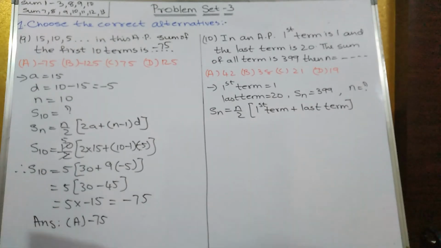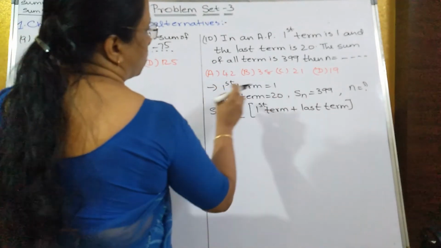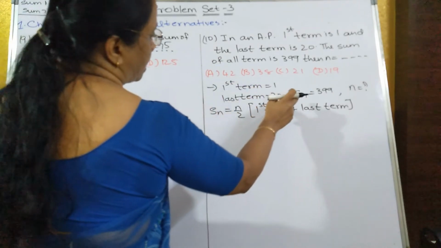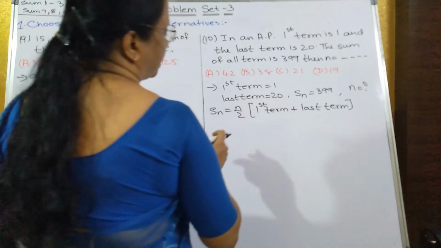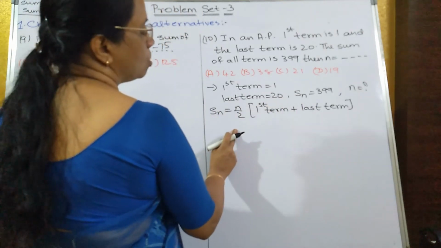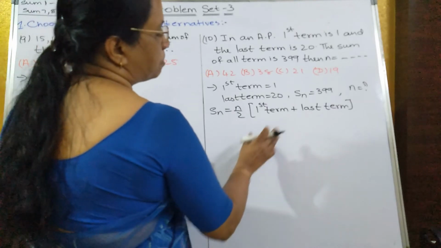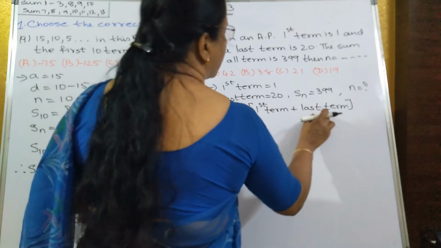Now next one, in an AP, first term is 1. So the first term is 1 and the last term is 20. Sn is already given. The sum of all the terms is how much? 399. We have to find out n. So Sn is equal to n upon 2. Since we know the first and the last term, so we will use this formula. So n upon 2 into first term plus last term.